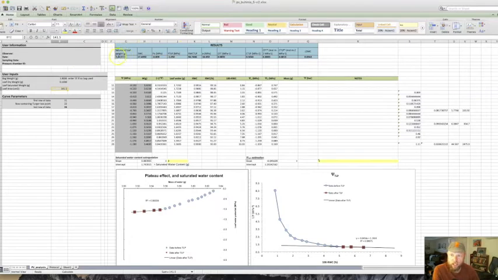So saturated leaf weight. This is really just the weight of your leaf and the water when it's saturated, and that comes from this curve on the left.